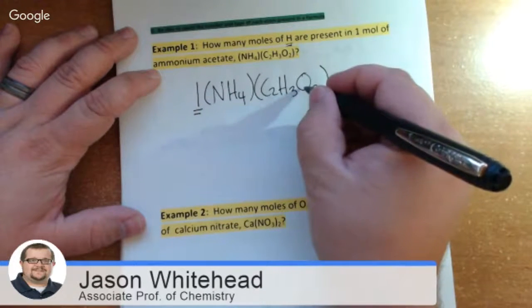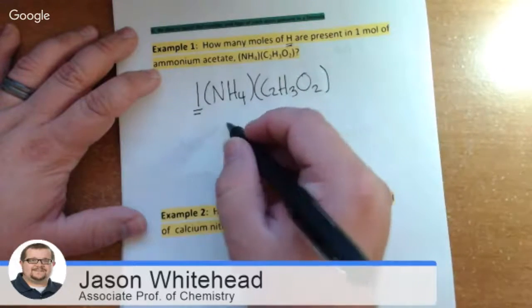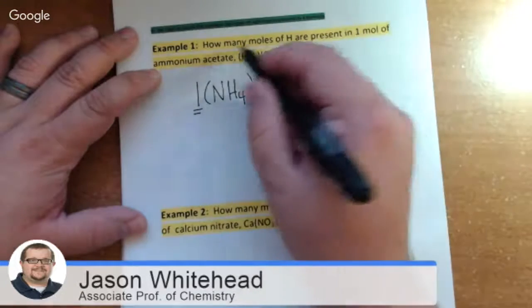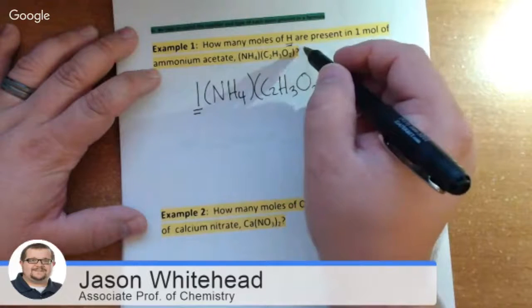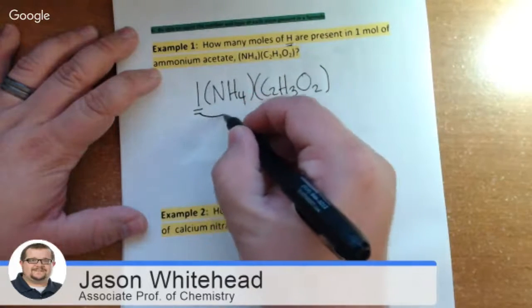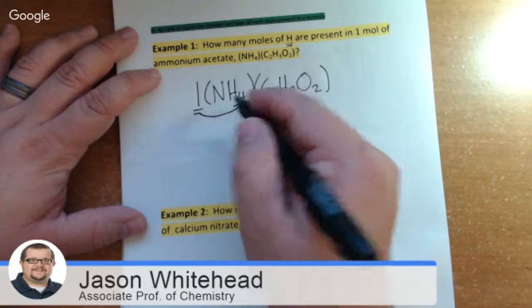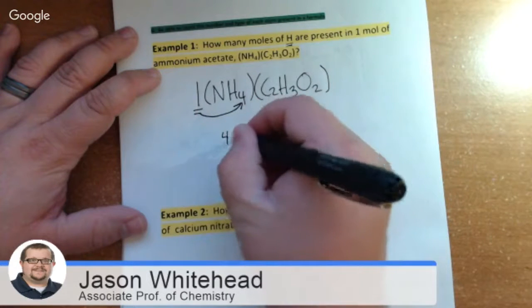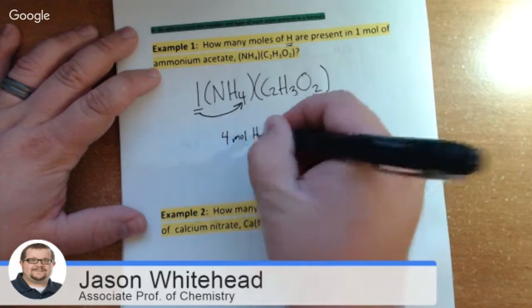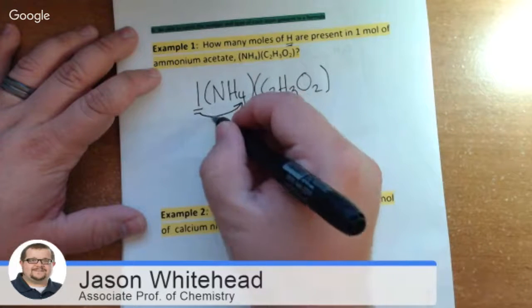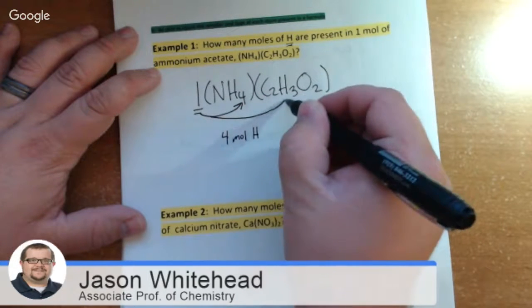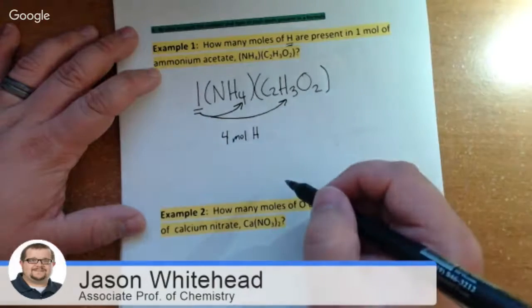they're directly next to. So if I'm looking for just H's, because it says how many moles of H are present, I'm going to take this 1, I'm going to multiply it where I see H's. So 1 times 4 would give me 4 moles of H from here. And then I've also got to do 1 times the H's over here.